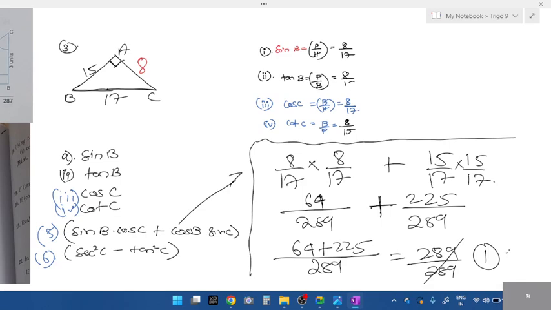Copy the question, write the values. Okay, the last question. I'll erase all this.